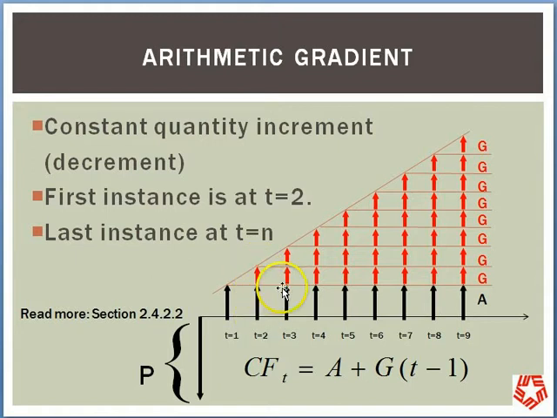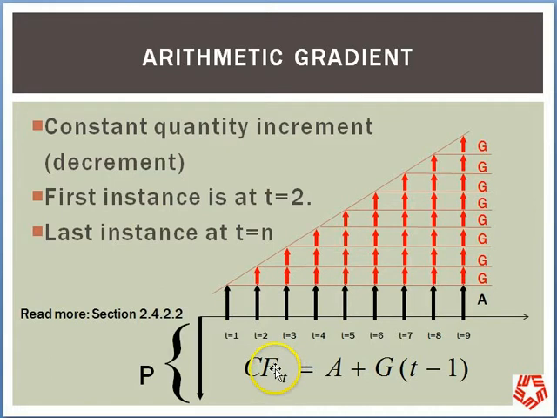Now this gradient occurs, as you see, for the first time at t equals 2, and then at t equals 3 the gradient will appear 2 times, and then at t equals 4, 3 times, and so on, all the way to t equals 9, where G occurs 8 times. So this looks like a linear model in the sense that we can trace a straight line that puts together all these points.